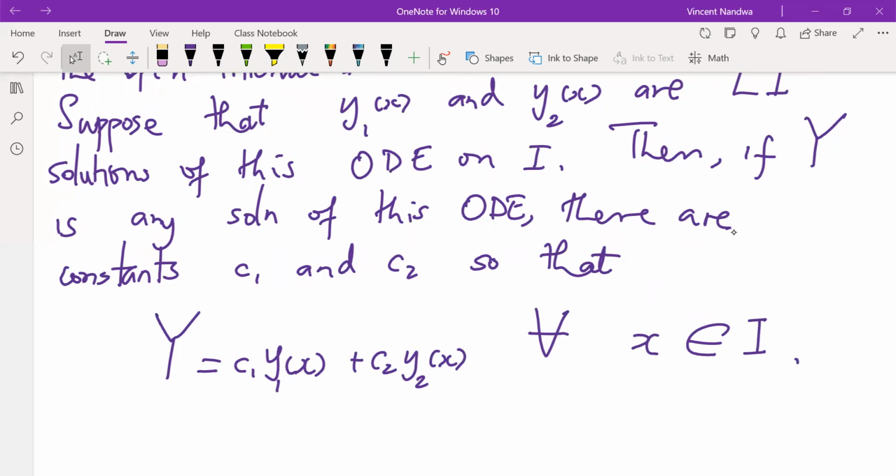So what you're going to do is to assume that the coefficients of the second derivative, first derivative, and the function y itself are real numbers.